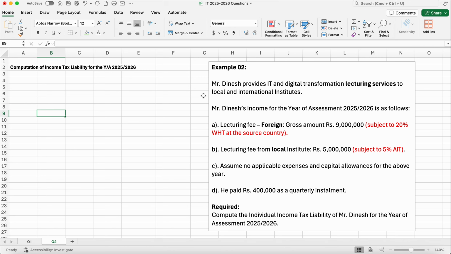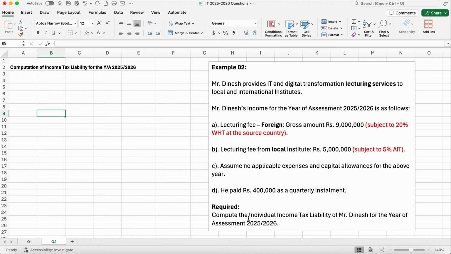This is a little more complicated one with foreign income and local income, which are subject to different withholding taxes. So I encourage you to go to question 1 if you haven't watched it, and then come back to question 2. We'll start.